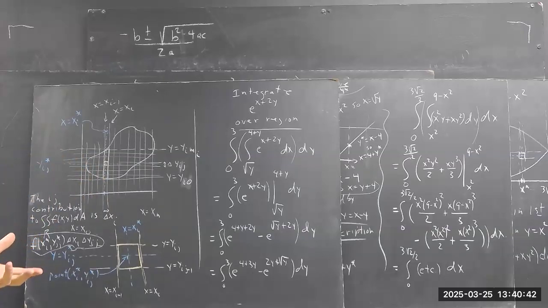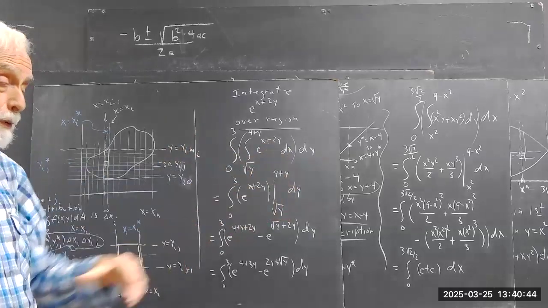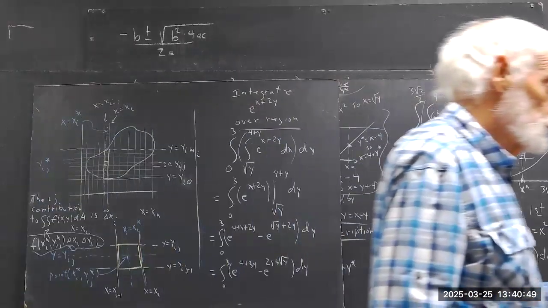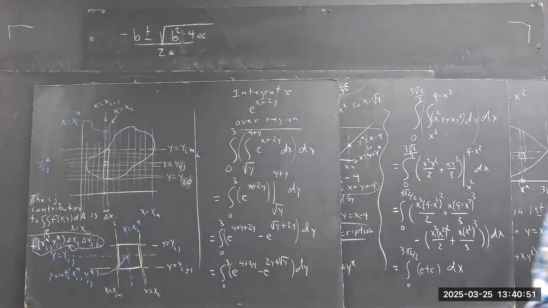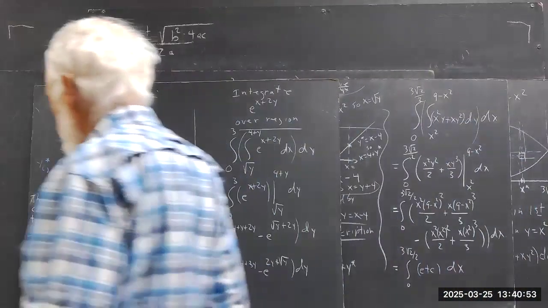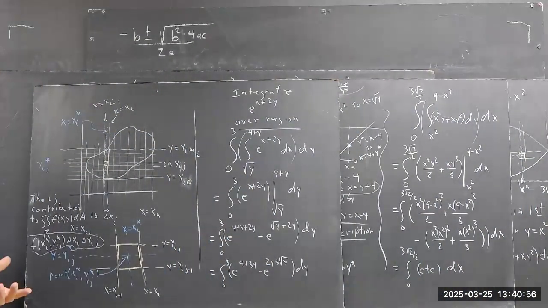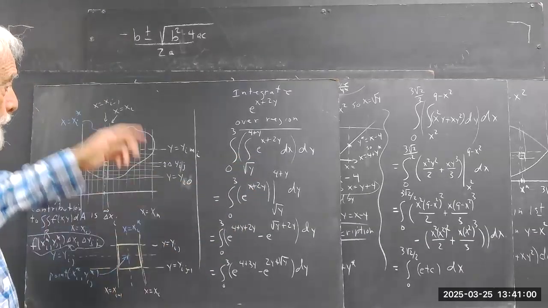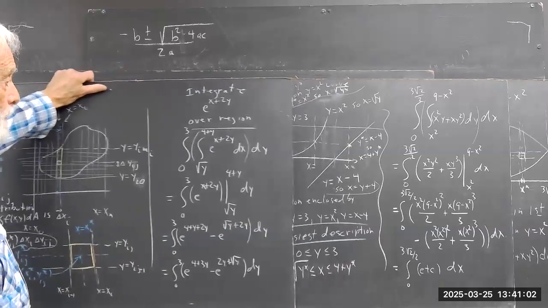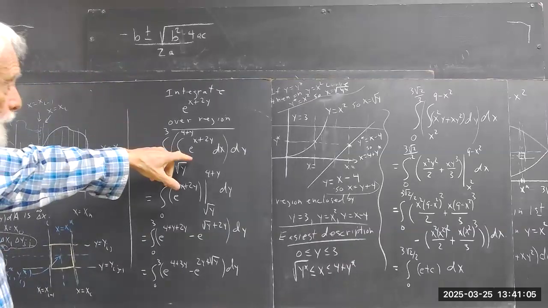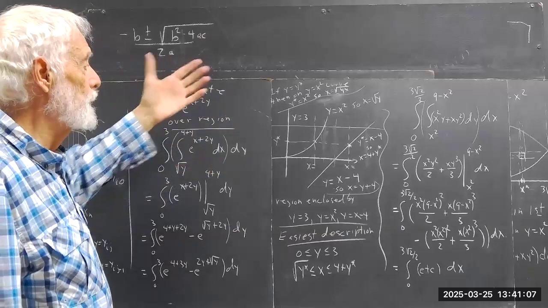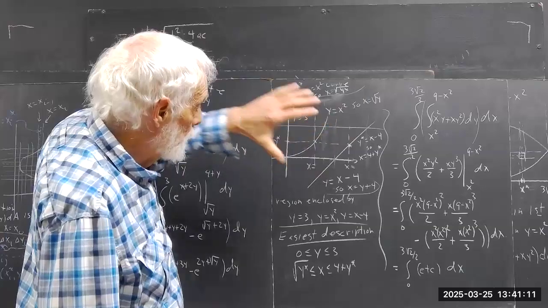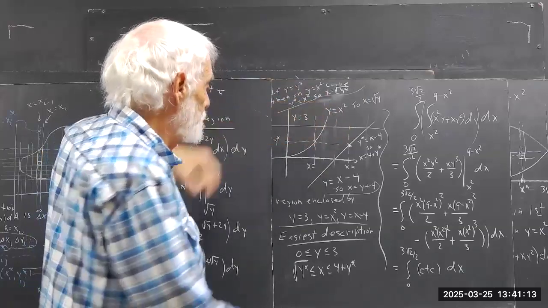Now you can think of specific regions that we looked at before, but I'm just drawing a general region here. So this integral could represent the volume beneath the graph of e to the x plus 2y above the region.